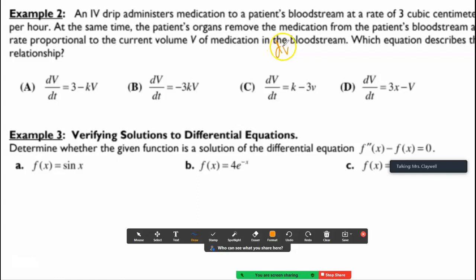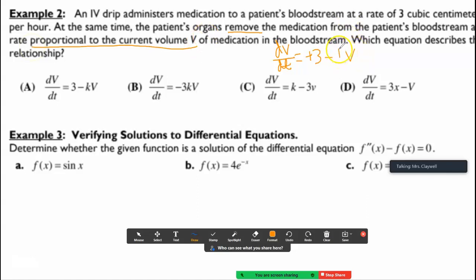So it's going to be the derivative of the volume of the medication with respect to time. I'm inputting a positive 3 is what's going into the blood, but I'm removing an amount proportional to the volume.